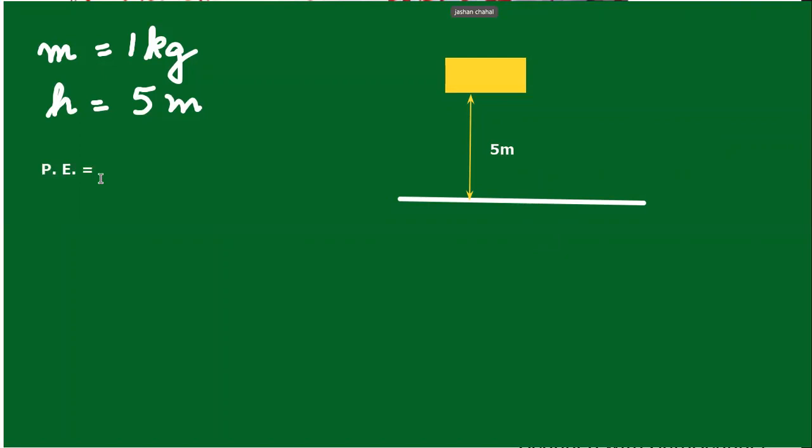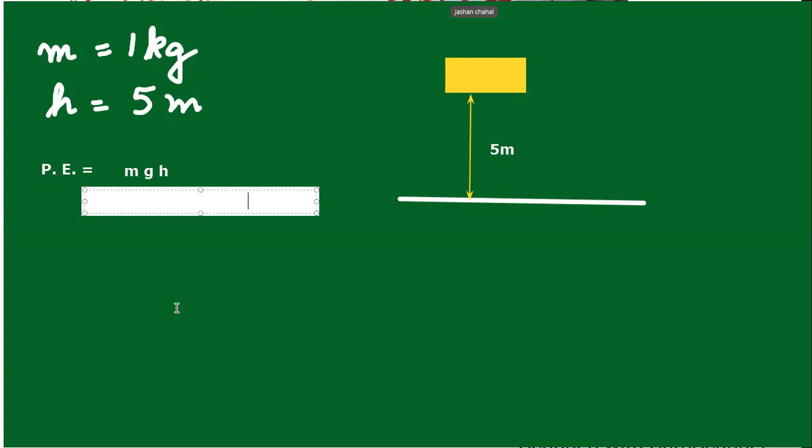M, mass, into g, acceleration due to gravity, into h, height of the body. And now place the values here. Do it yourself, students. Hurry up, very good. Mass is 1 kg, g is given to be 10 in the question, and height is 5 meters. So multiply all the things, what will you get?